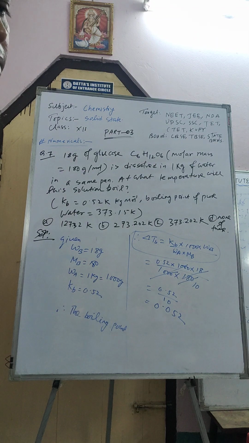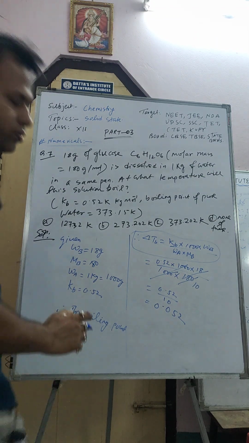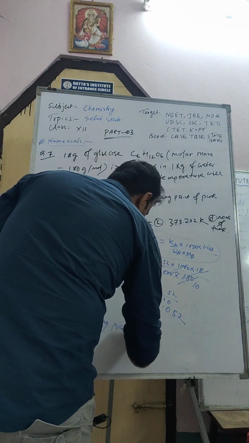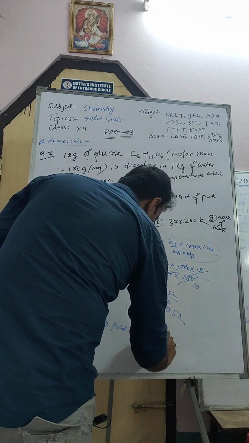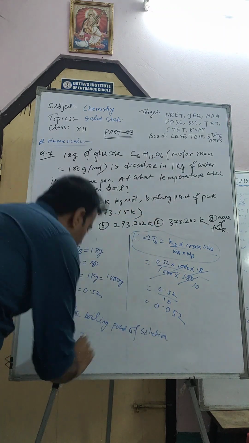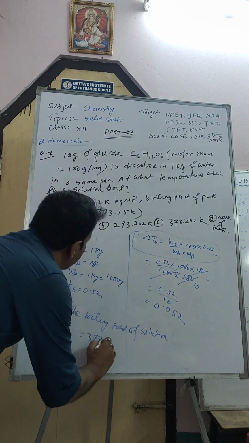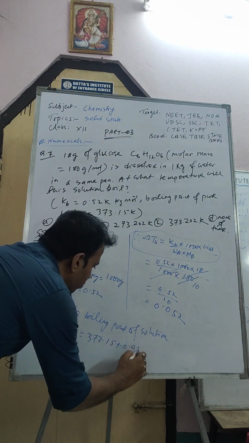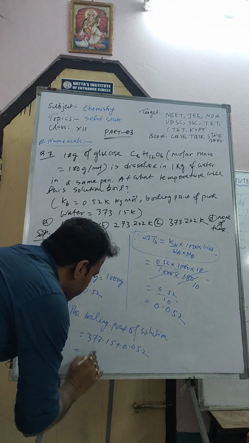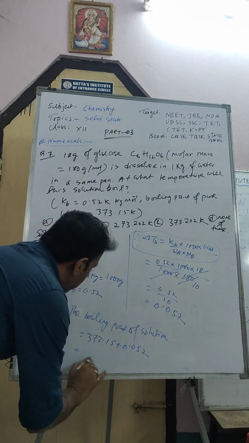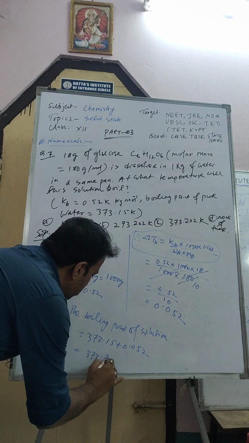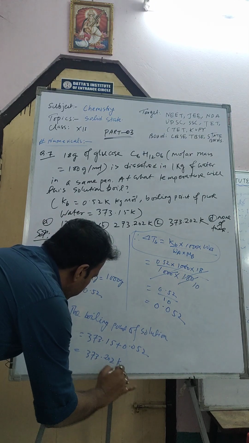Now the boiling point of the solution will be equal to what? The boiling point given is 373.15 plus 0.052. So it will become 373.202 Kelvin.